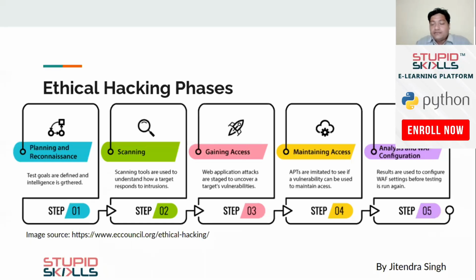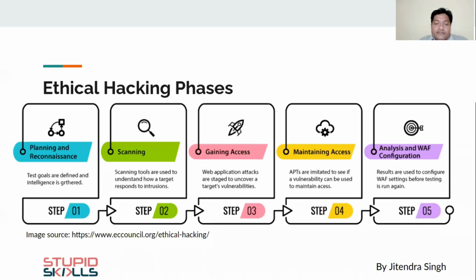If environments are so complex, and we take more time in gaining access to a system or maintaining our access, then there are high chances of getting detected, usually by the blue teamers, the team which tries to defend the systems, and the end objective might not get achieved.